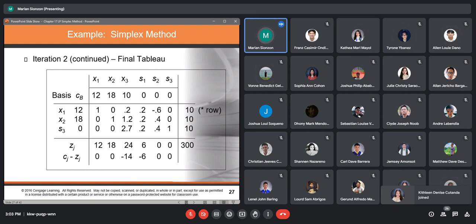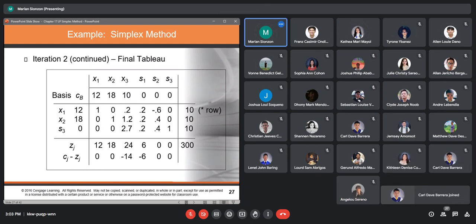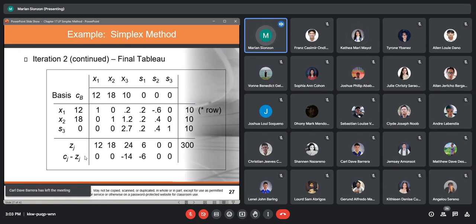We discussed this simplex method. Did you get it? What I want you to know is what each of the rows or columns or numbers signify. For example, what do C sub j and Z sub j signify? I told you it is an indicator that possible improvement can still be made.